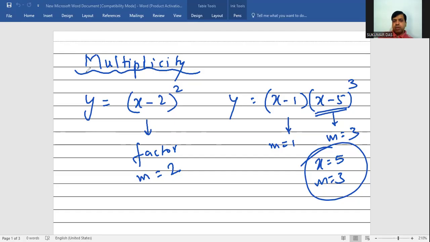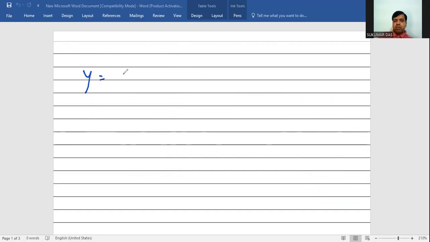It's pretty much very simple. Like if you have y is equal to x, (x minus 1), (x plus 4) to the power 5. Can you tell me what are the roots from this?